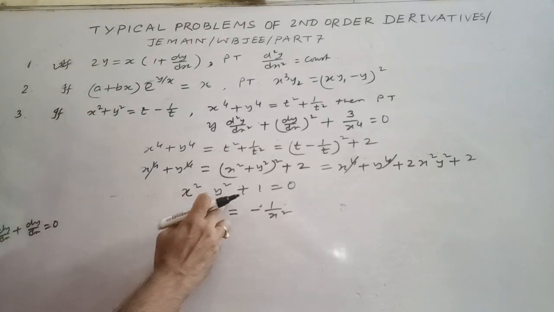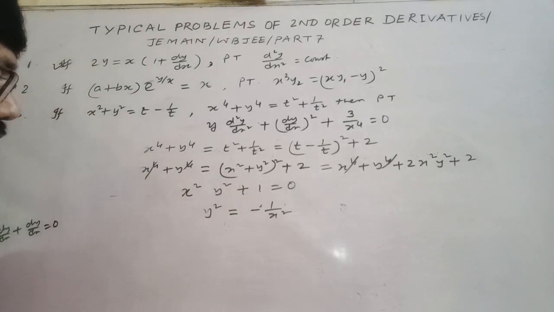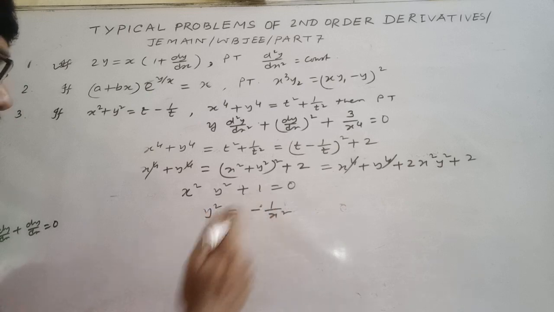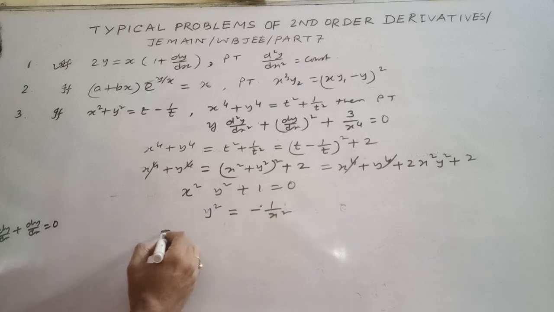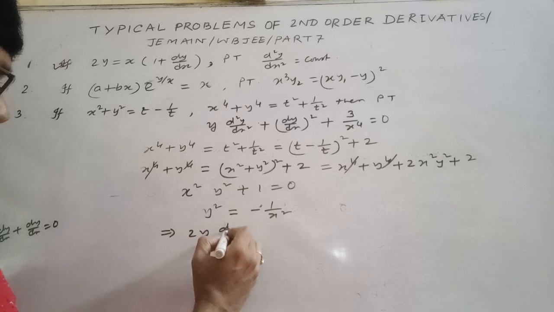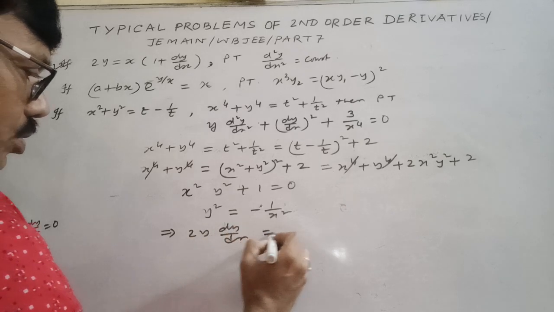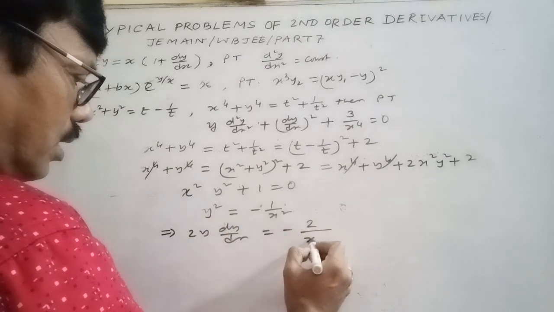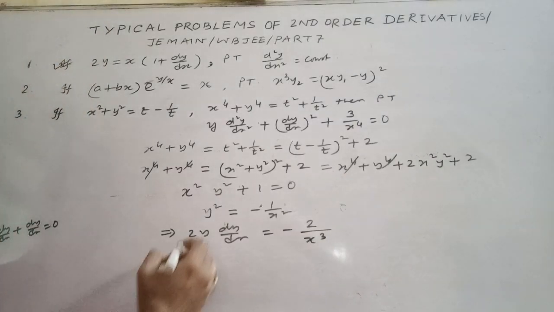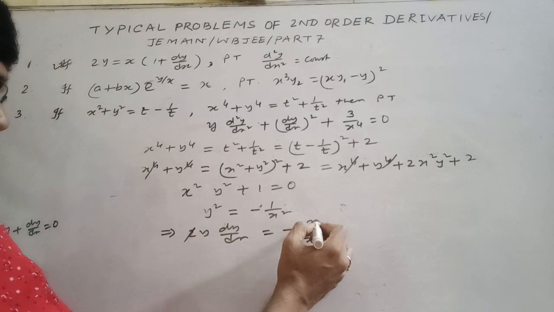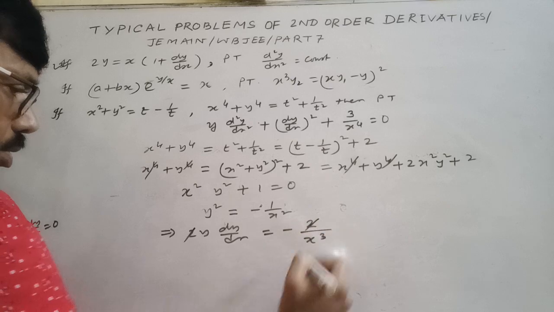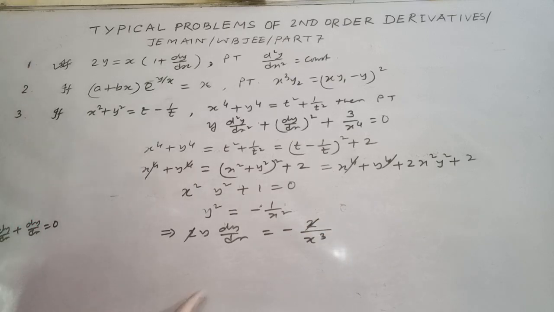So x² plus y² plus 1 equals 0, so y² equals minus 1 by x². So 2y dy/dx equals minus 2y by x³. So dy/dx equals minus 1 by x³.